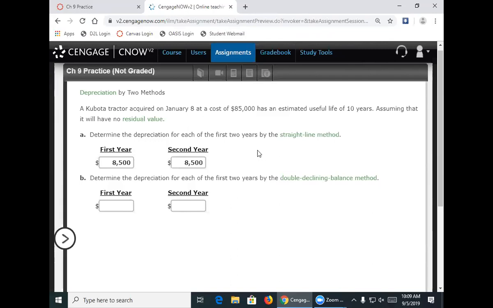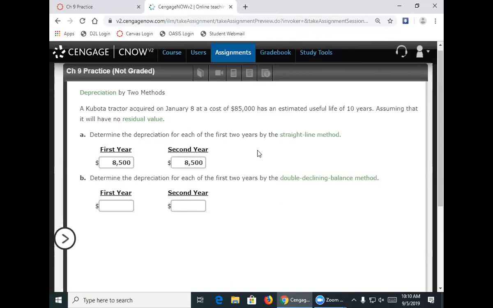Isn't it also considered the residual value? No, yeah, your book value is different. Cost minus accumulated depreciation. Very good. Book value is cost minus accumulated depreciation. Okay, I'll write that over here. So BV for book value is cost minus accumulated depreciation.